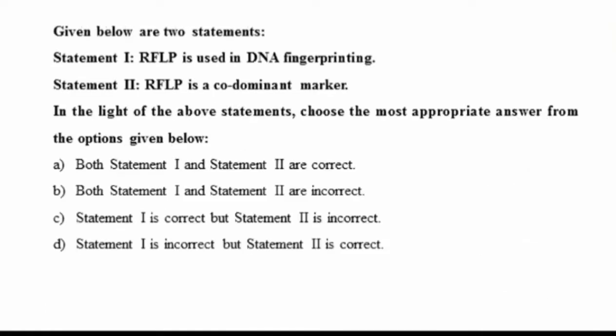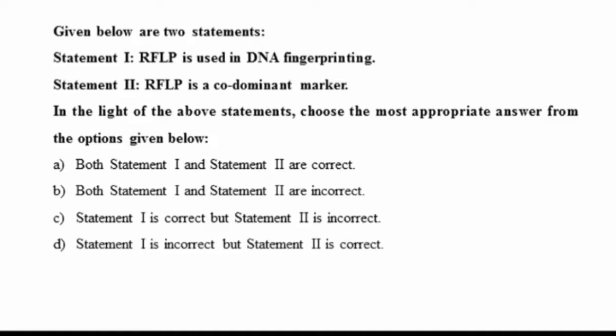The next question is, given below are 2 statements. Statement 1, RFLP is used in DNA fingerprinting, and statement 2, RFLP is a codominant marker. In the light of the above 2 statements, choose the most appropriate answer for the options given below. Because DNA is unique to an individual, we can use DNA fingerprinting to match genetic information with the person it came from.